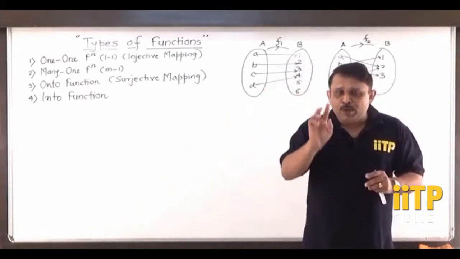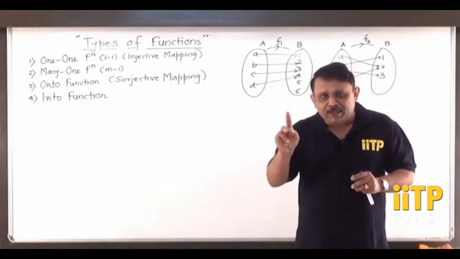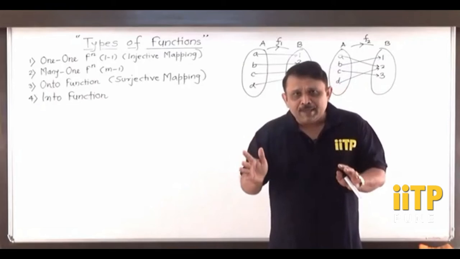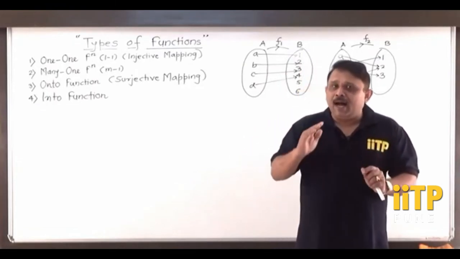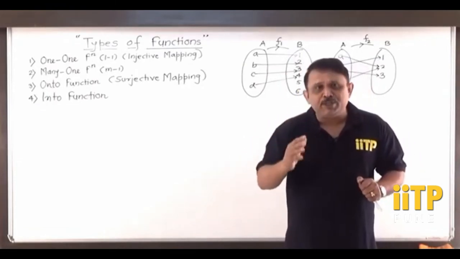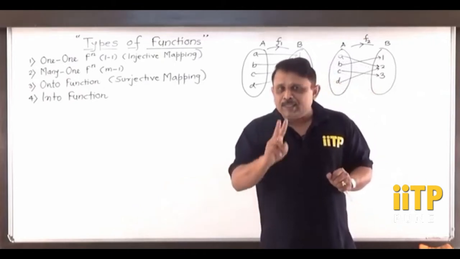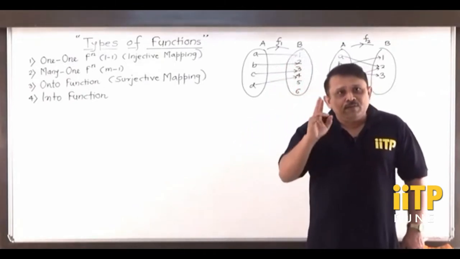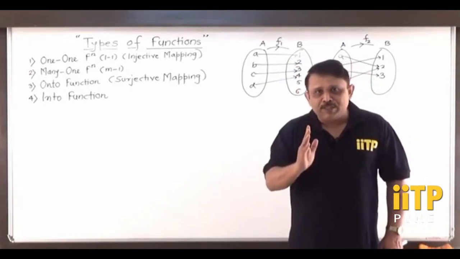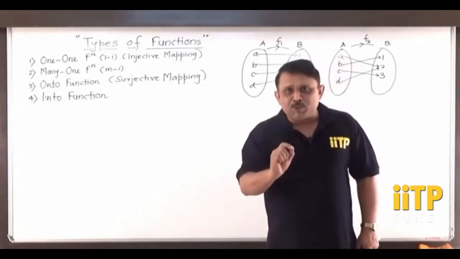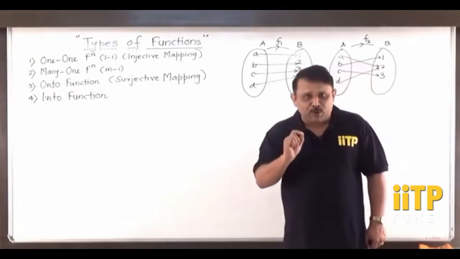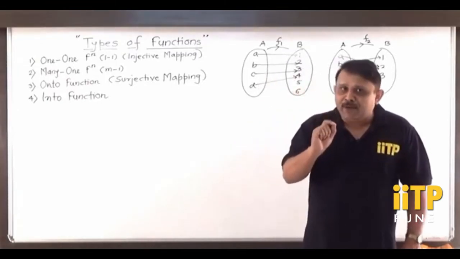Among these, only 1-1 and many-1 correspondences are functions. 1-many and many-many are against the definition of functions. Hence, there are only 2 kinds of correspondences which are functions, namely 1-1 correspondence, which is called 1-1 function, and many-1 correspondence, which is called many-1 function.